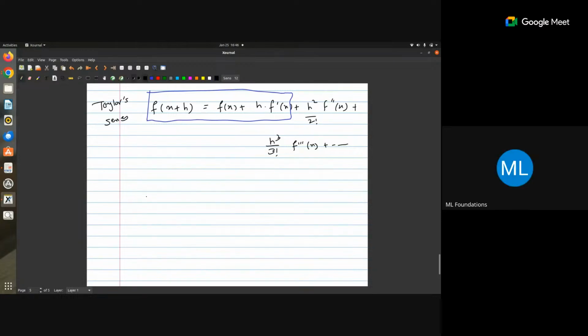And we'll approximate f of x plus h as f of x plus h into f dash of x. Basically your h is a smaller interval.